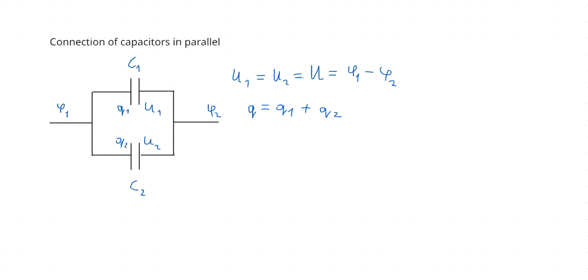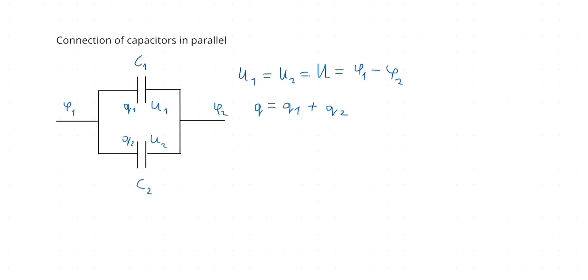From one of our previous lectures, I think you can remember that the electric charge of a capacitor is connected to its potential difference and capacitance via the formula Q equals capacitance multiplied by potential difference.